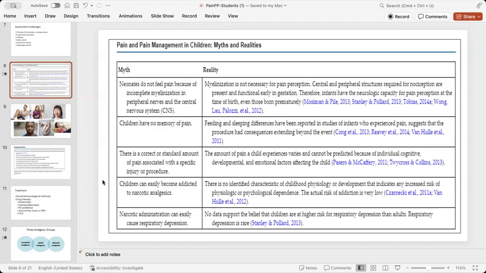Children can easily become addicted, right? No, there's no reality there, and the actual addiction is very low. Narcotic administration can easily cause respiratory depression. Children are not at a higher risk than adults. Actually, respiratory depression is very rare with narcotics or opioids in a controlled setting, in a hospital or clinic setting.